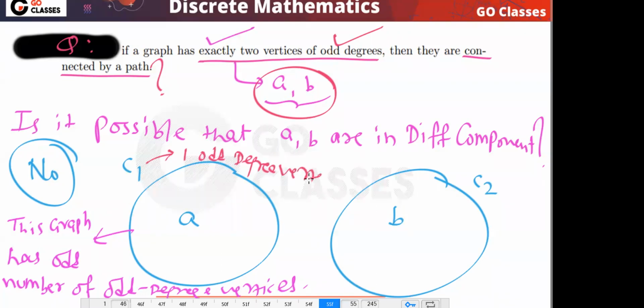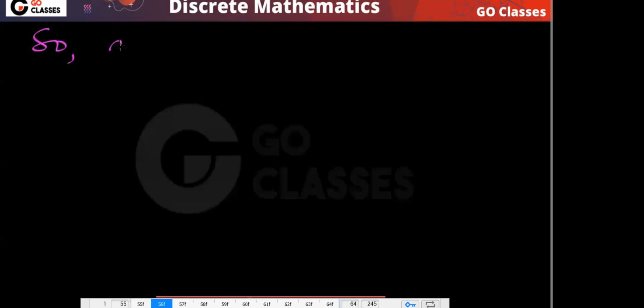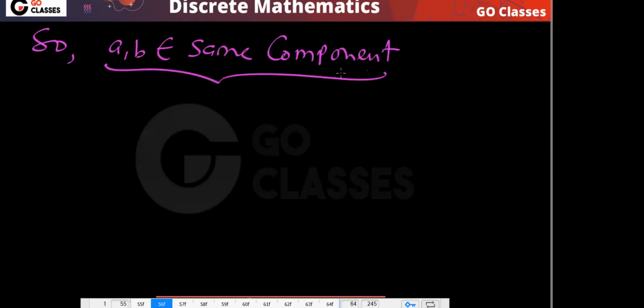So you have an odd number of odd degree vertices. So that is the contradiction. This is not possible. So A comma B should belong to the same component. And what does this mean? It means there is a path between them.